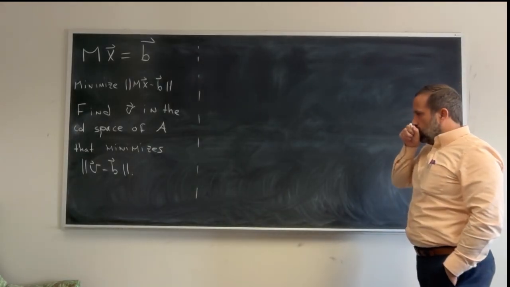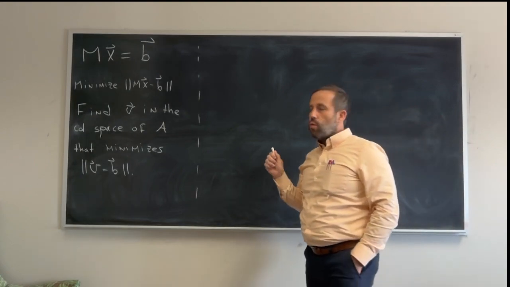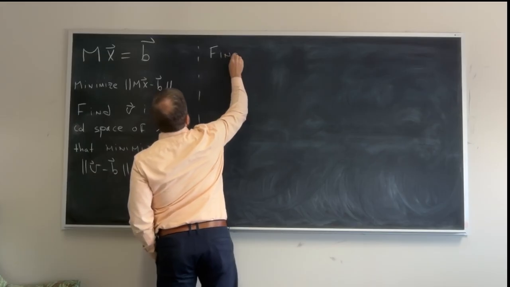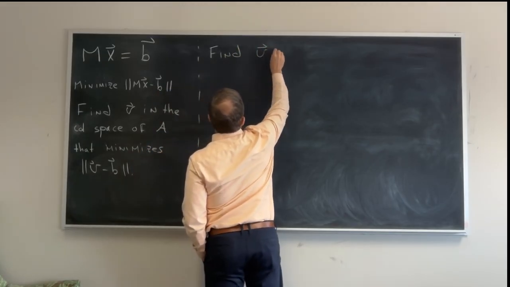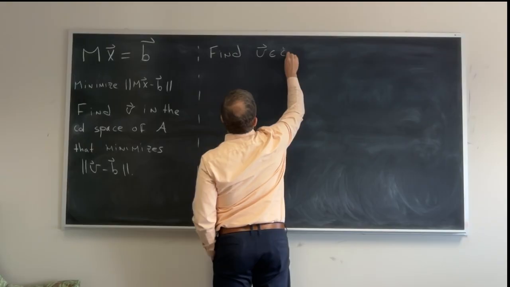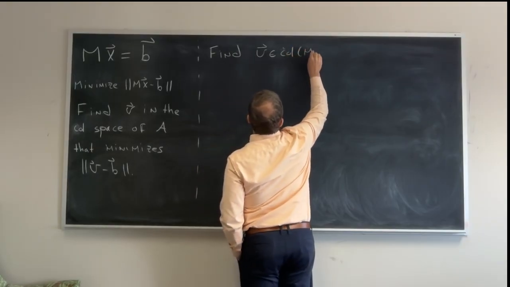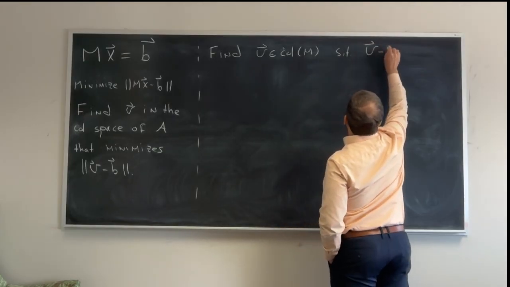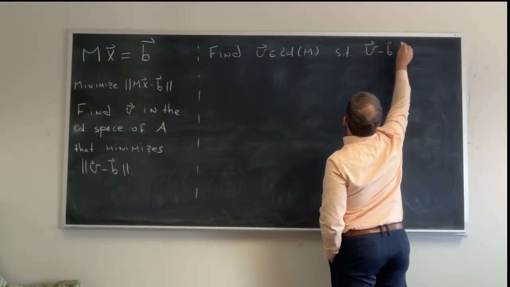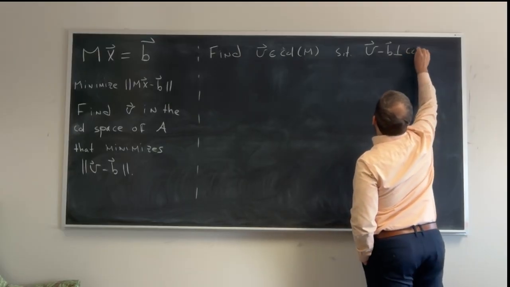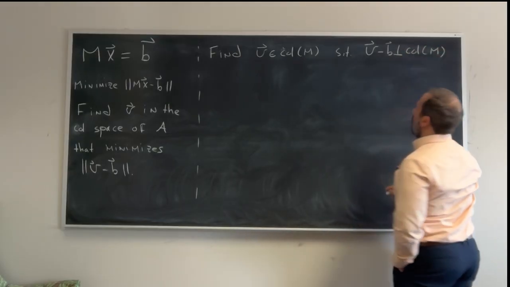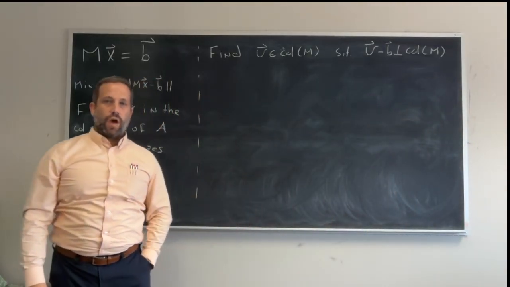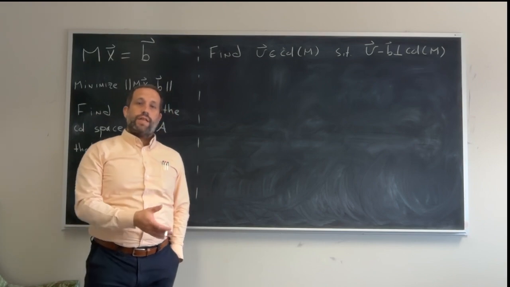Okay, well, we saw in the previous video what this means: find a vector v in the column space of M, which I'm going to abbreviate as col(M), such that v minus b is orthogonal to the column space of M. We saw that in the previous video.